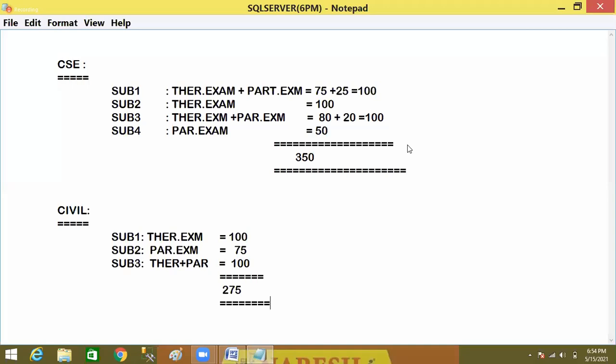For example, a CSE student is writing 5 examinations, a civil student 7, an ECE student 6. In BTech alone, different branch students have different examinations.